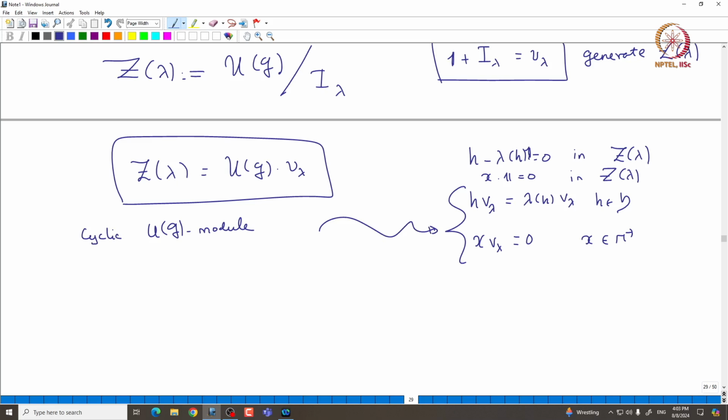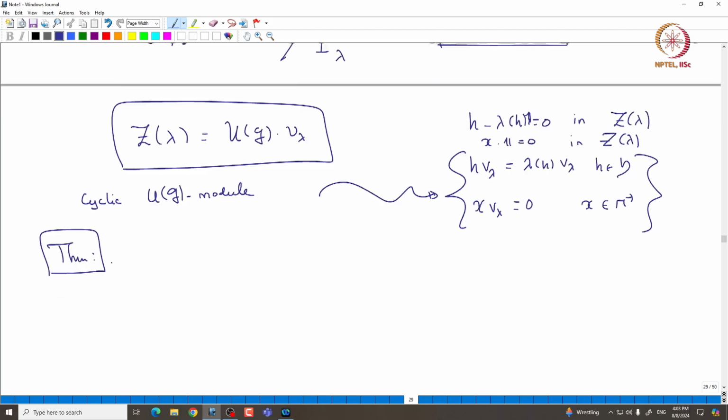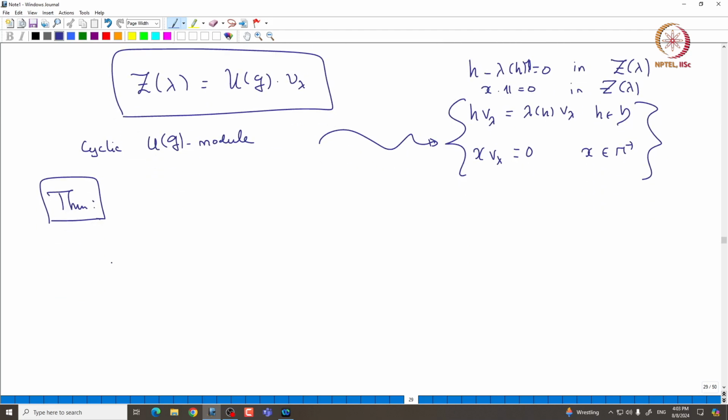Now it is easy to see that v lambda is indeed a highest weight vector, and this is a highest weight representation in the usual sense. Once we have this, we can immediately conclude the following. I will write it as a theorem, which is an observation we have already made, but in this setting the similar observation is also true.